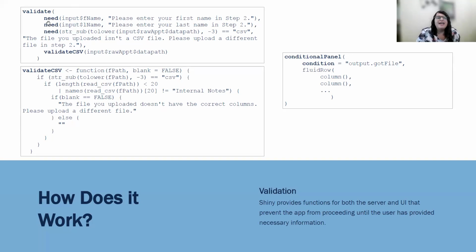We provide needs to this validation function. If those needs are not satisfied, then the app doesn't continue. So for example, if someone hasn't put something in this input field for their first name, it'll say, please enter your first name before we can move forward.